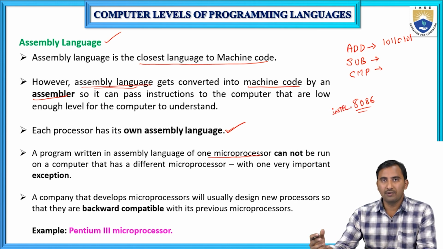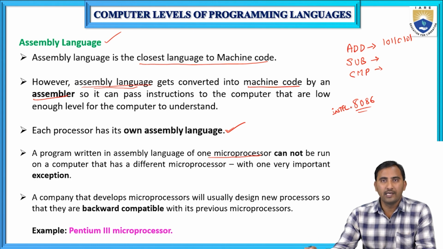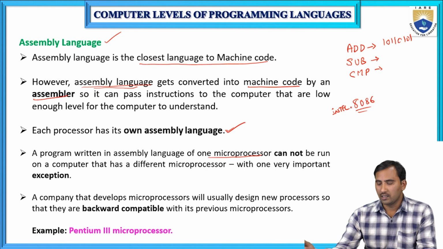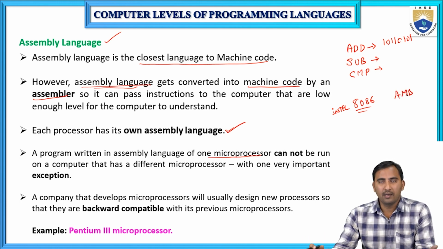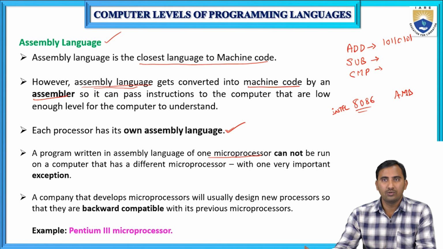After writing a program for the Intel 8086, I cannot use the same program for an AMD processor, because their instruction set is different. The Intel processor is different from the AMD processor, so the same program we cannot use for other microprocessors.